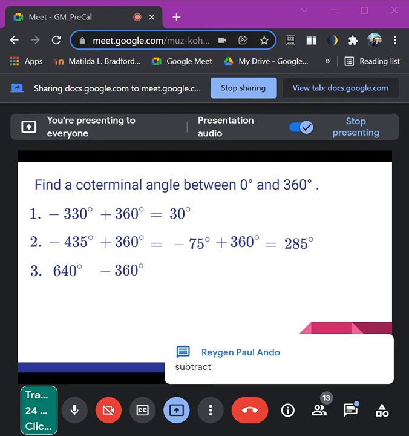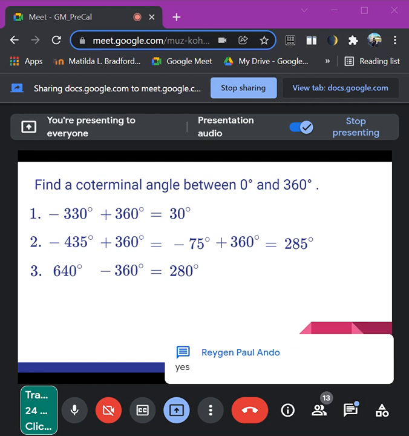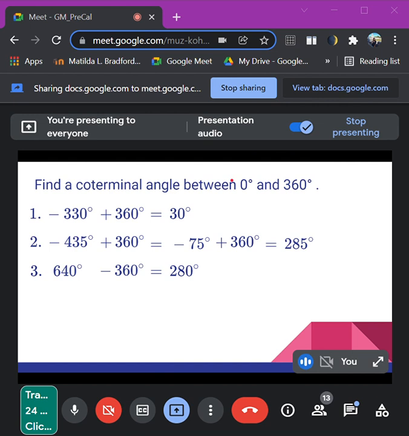So 640 minus 360. Okay, that is 280 degrees. Are we going to stop here? Is this our final answer? Okay, very good. That is yes, because it is within 0 and 360 degrees.